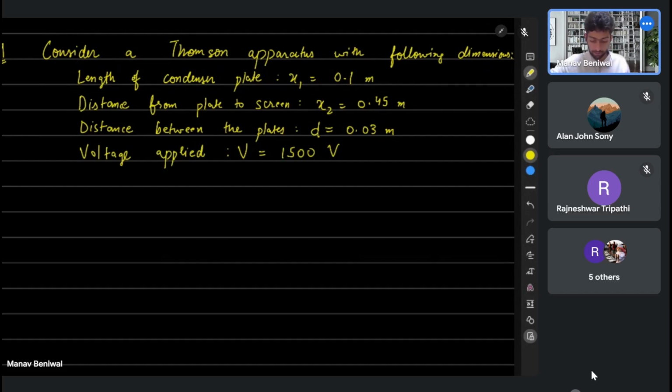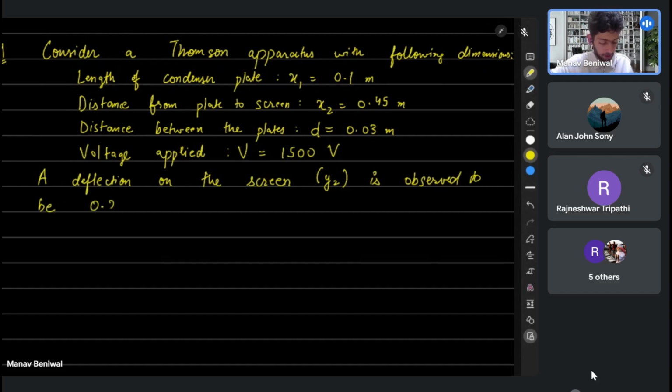Now the question is: a deflection on the screen, this is your y2, is observed to be 0.2 meters.